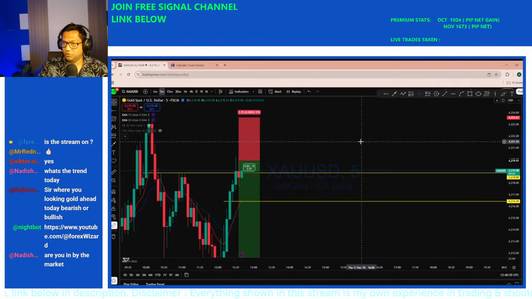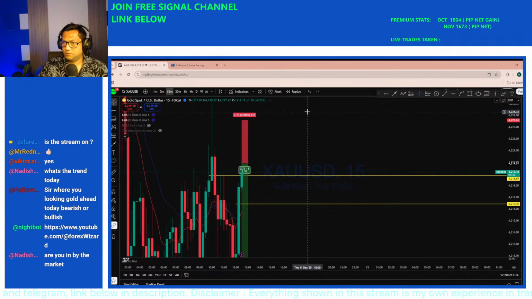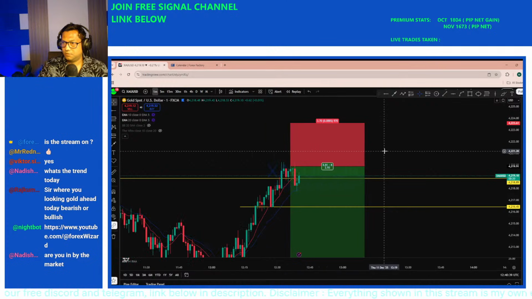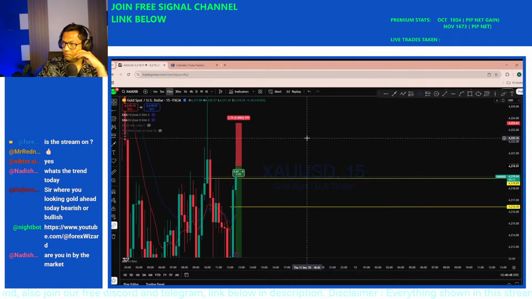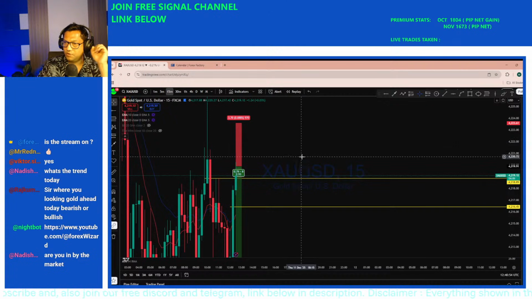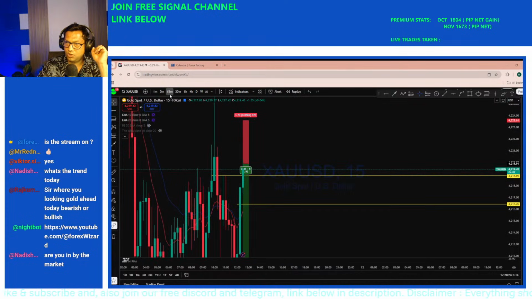This is a 1-5 minutes doji, and this market failed to create a higher high, so there's a possibility to entirely come down to the lower low.